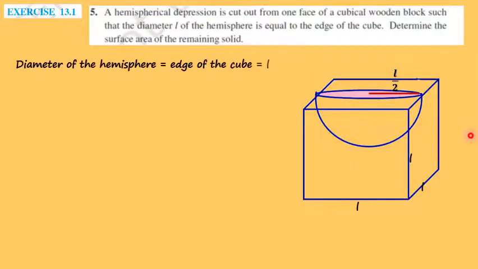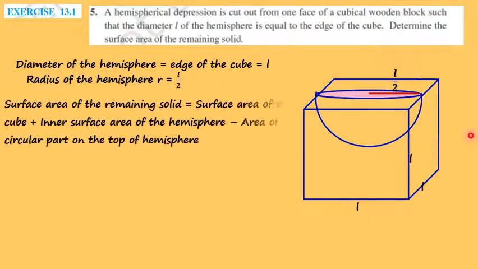So let us see. The diameter of the hemisphere is the edge of the cube, which is equal to L. Radius will then be L by 2. Now surface area of the remaining solid equals surface area of the cube plus inner surface area of the hemisphere minus area of the circular part on the top of the hemisphere.